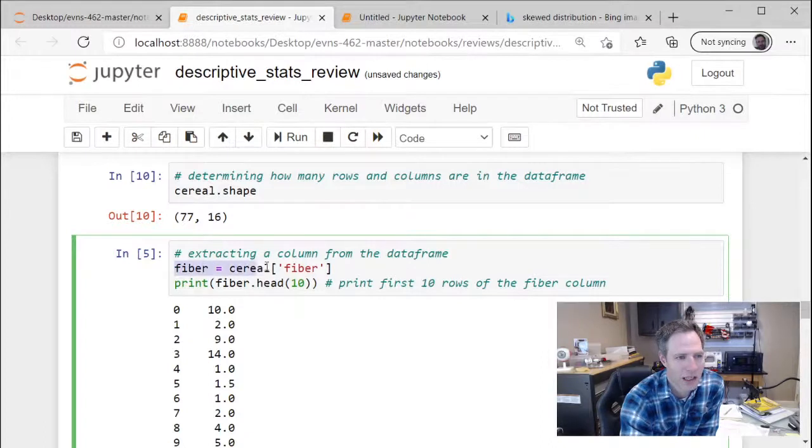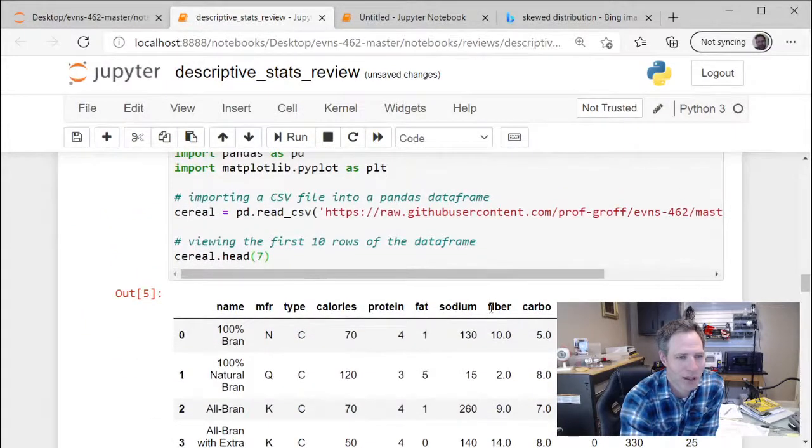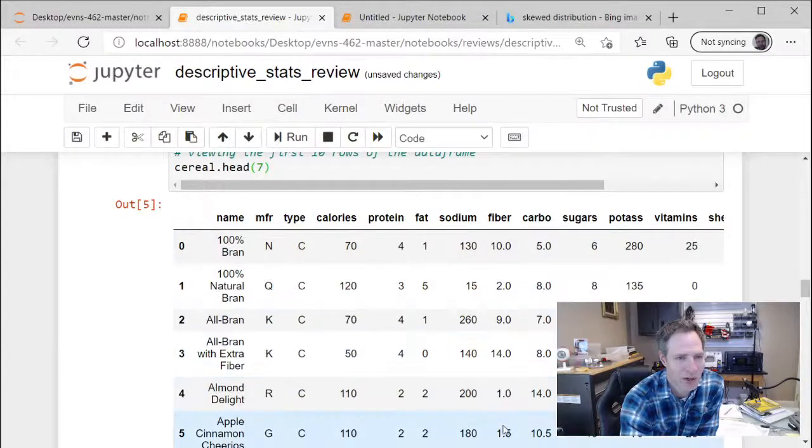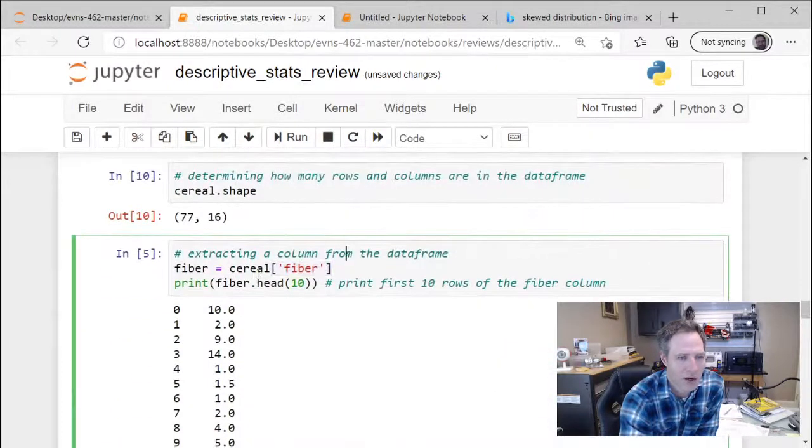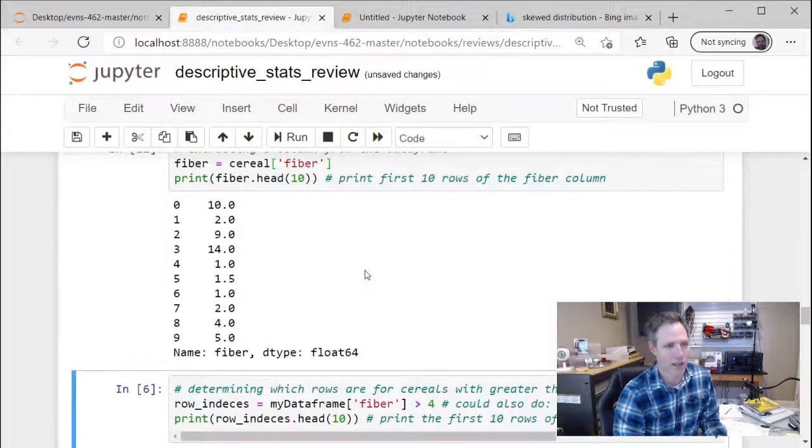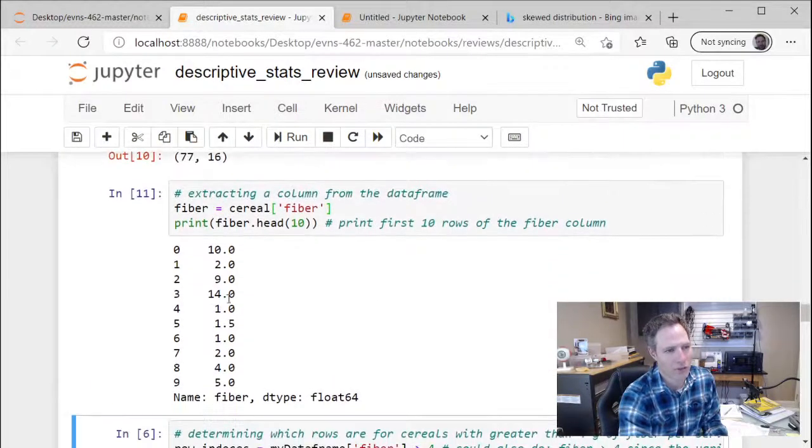One way you can do that is by referencing the column by its name. If I want to extract the data in the fiber column, I can make a call to my data frame like this. Inside brackets, I write the name in single quotes, and then I can view that data.